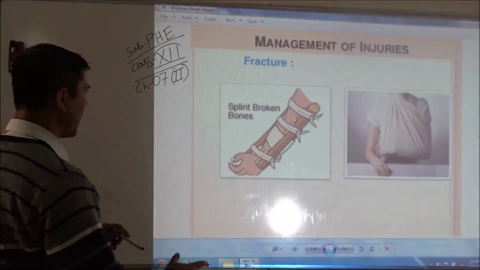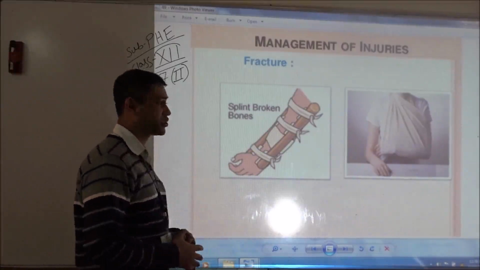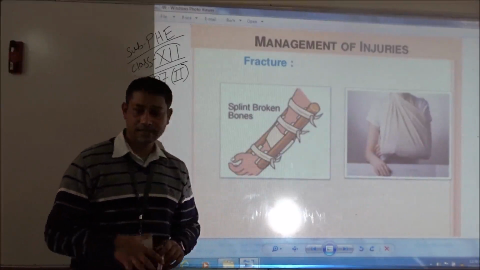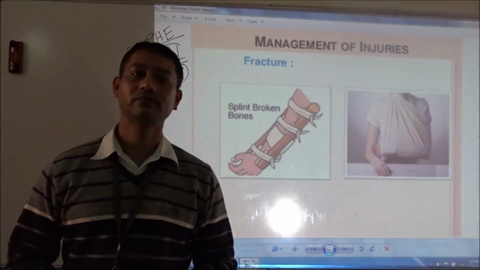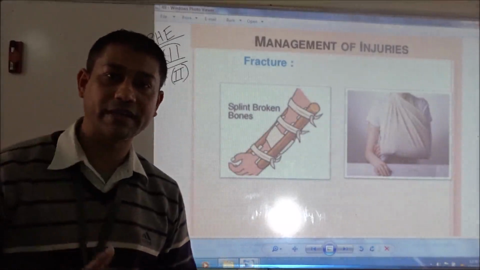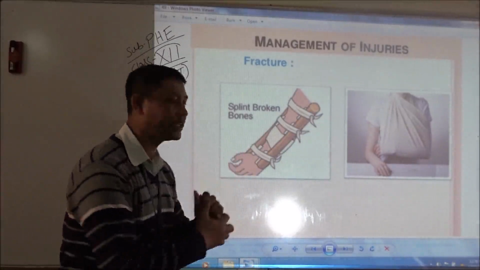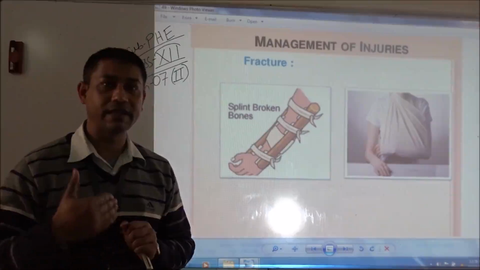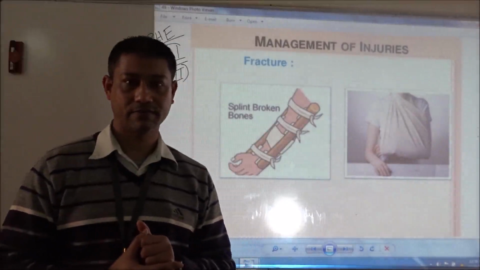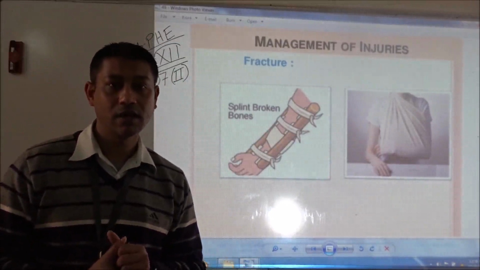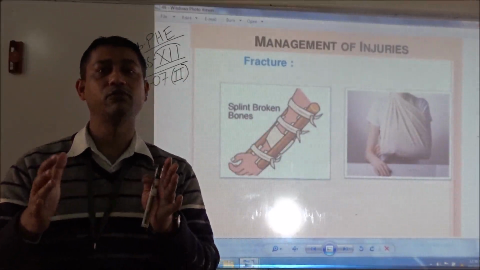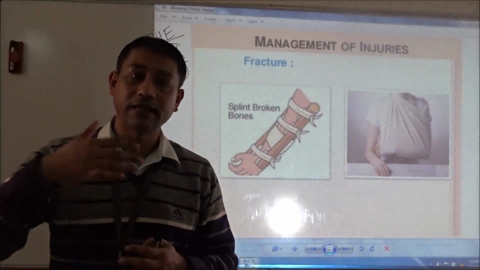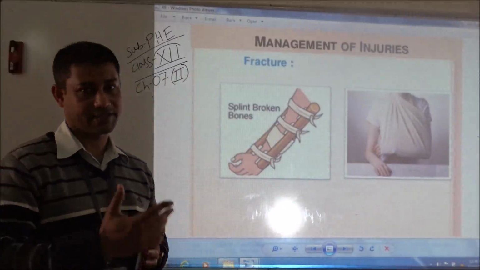Next, management of fracture. As you can see, students, support is being given. Why is the support being given? This is a sort of first aid only. Support is given in case of fractures because there should not be further movement. If there is movement, the injury may deteriorate.